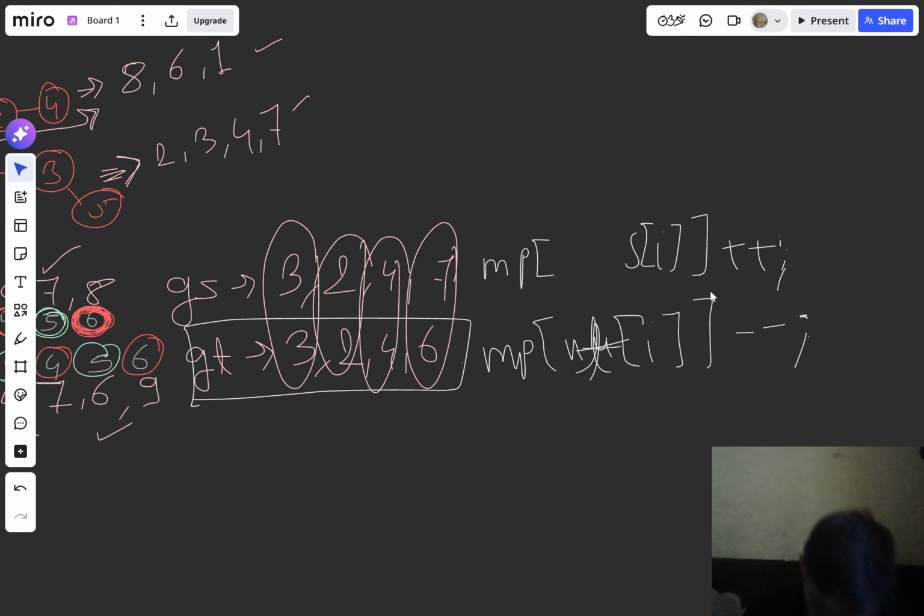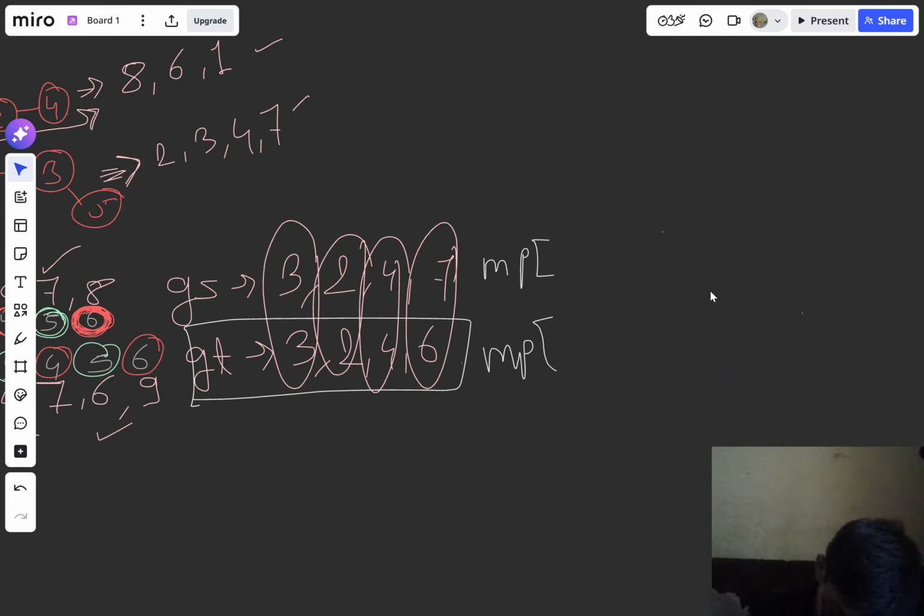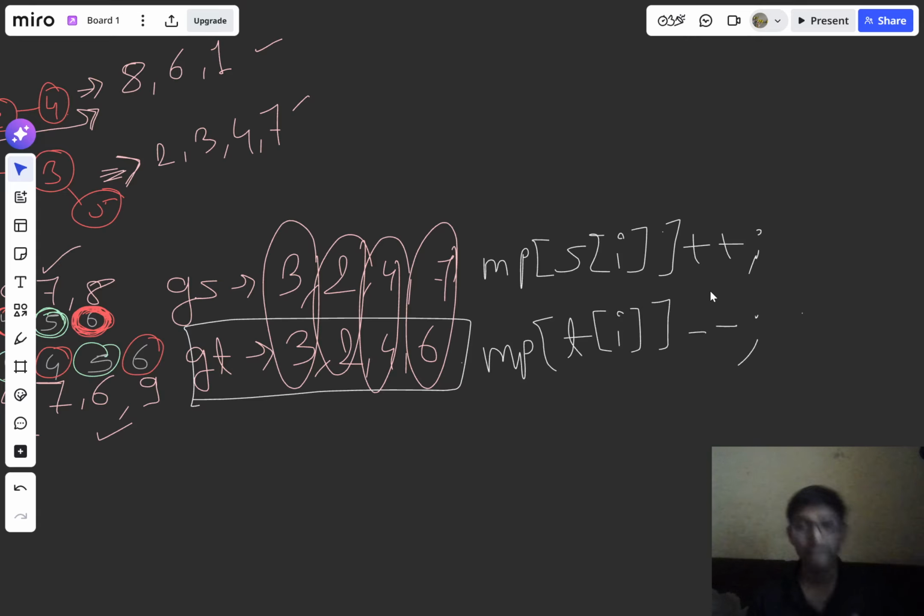I will just rewrite it. For source of i we will increment, and for those present in the target we will decrement. Now after decrementing, what will happen? When we increment 3 from the source, and in the target we decrement 3, are you getting it or not?